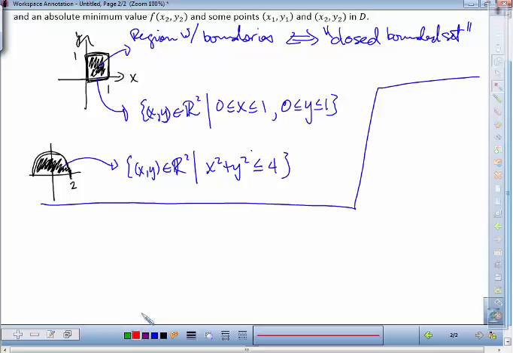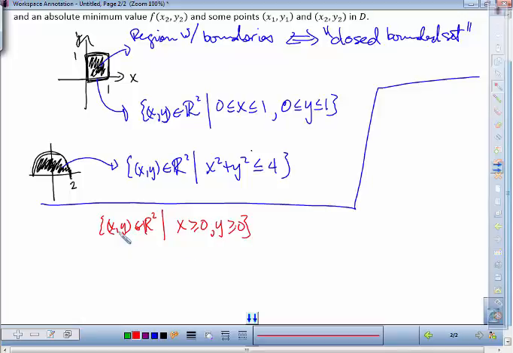Now some examples of things that are not closed and bounded. Can anybody figure out what this thing looks like?